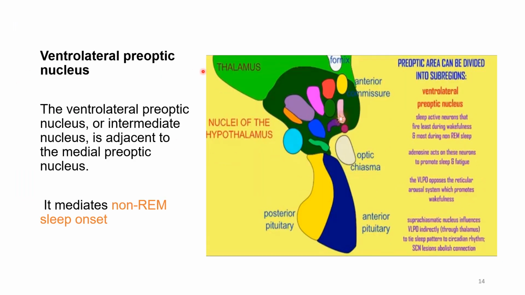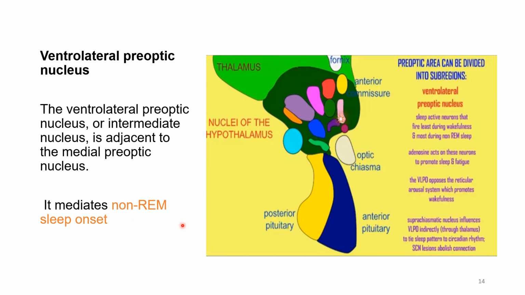Coming to lateral preoptic nucleus or ventrolateral preoptic nucleus. This is ventrolateral preoptic nucleus. It mediates non-REM onset of sleep. REM means rapid eye movement. So it is important for sending the person into non-REM sleep.